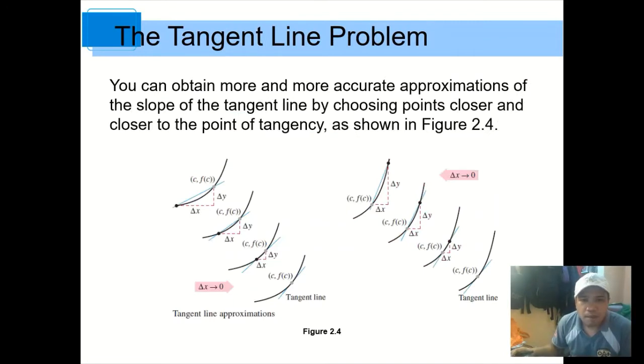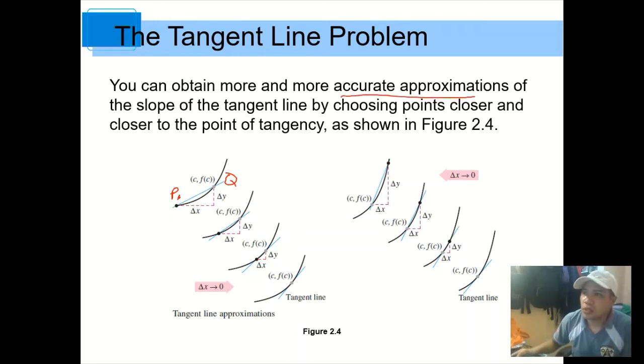The closer the points, point 1 and point 2, where this is point 1, P, and assuming this is Q, the more accurate the approximation of the slope of the tangent line.